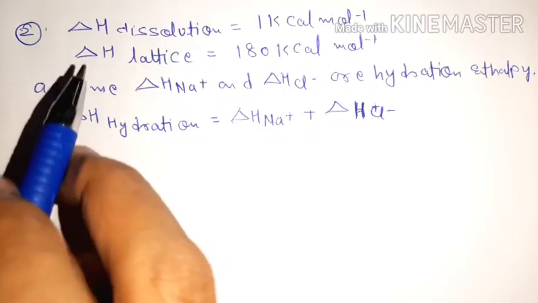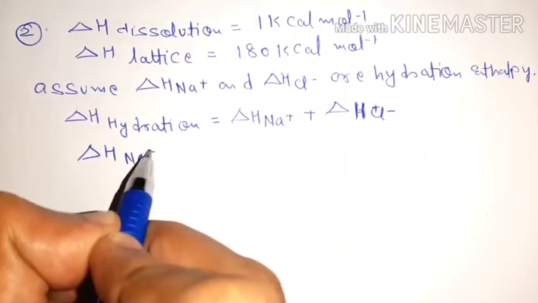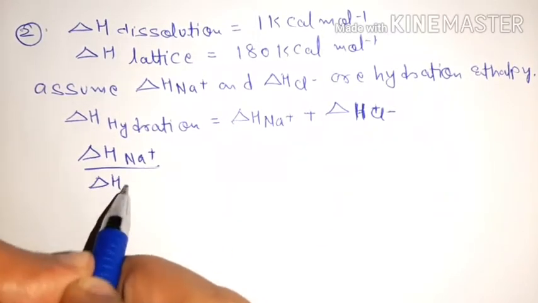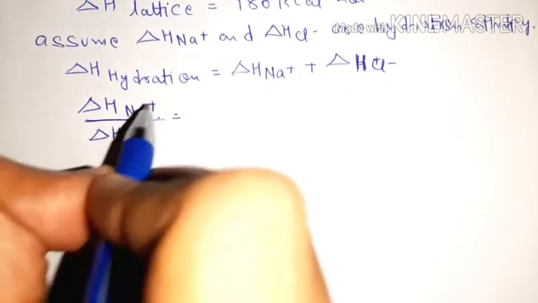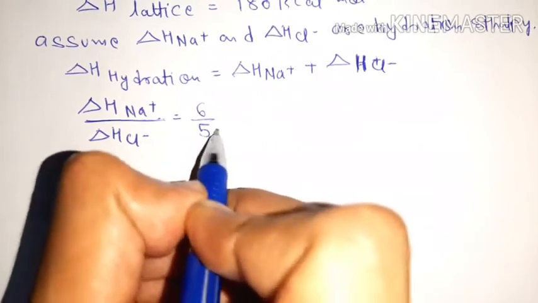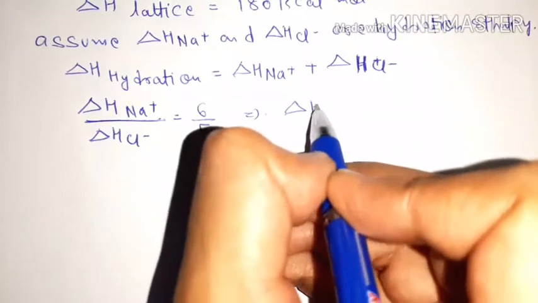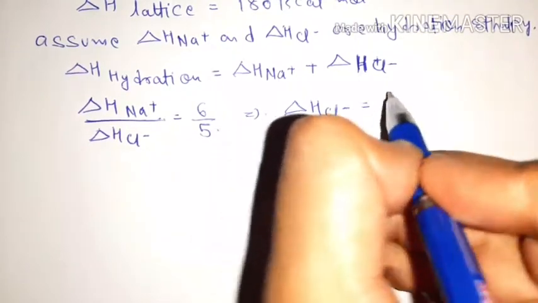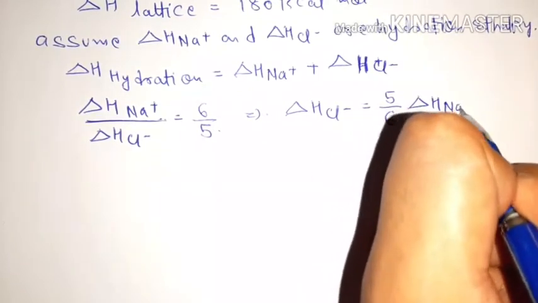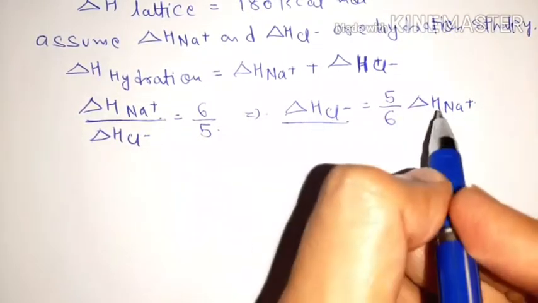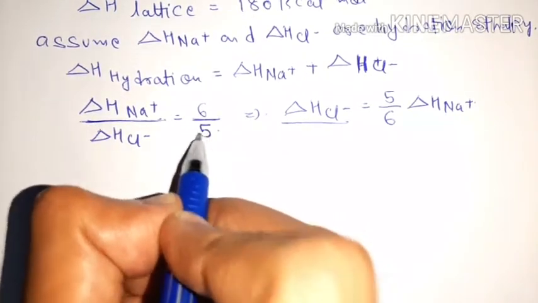So delta H Na plus upon delta H Cl minus is 6/5. From this we get that the enthalpy of hydration of Cl minus will be equal to 5/6 multiplied by the enthalpy of hydration of sodium plus.